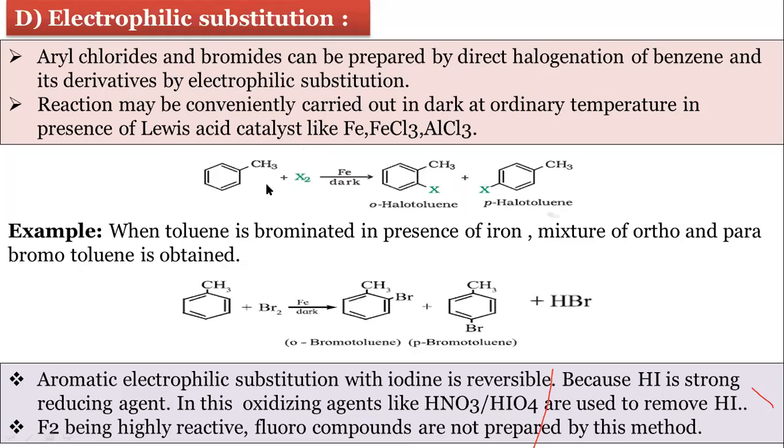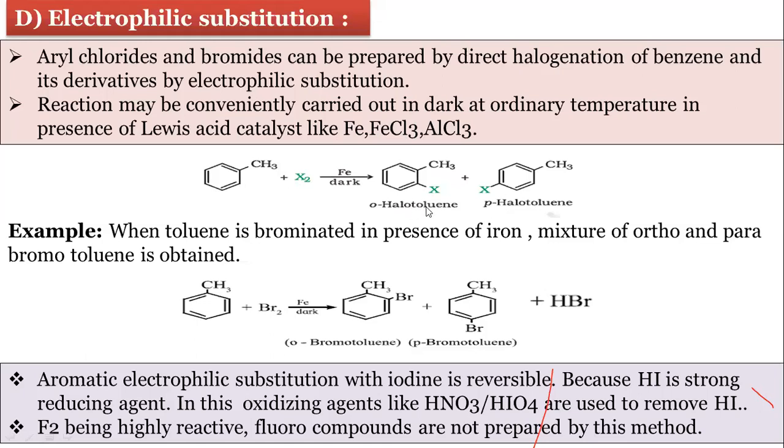See this reaction. Electrophilic substitution reaction. This is an electrophile, and the electrophile is generated by using this AlCl3 catalyst. In detail, it is also given in the 11th standard aromatic compounds chapter. Out of this X2, one hydrogen here is replaced with X. We get two products, one is ortho and one is para.